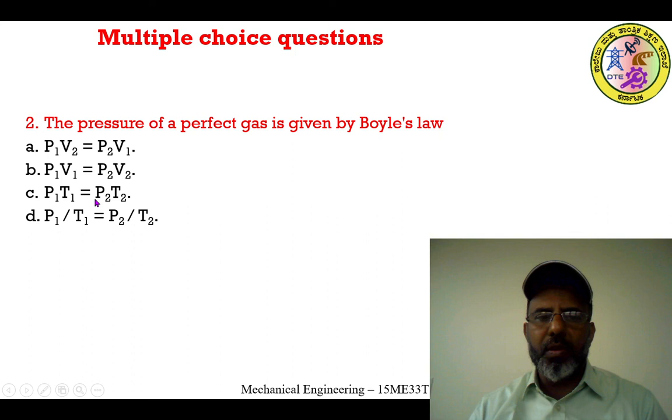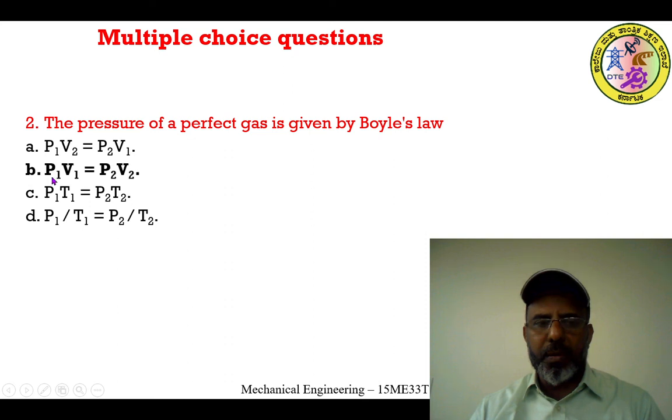The correct answer is B, P1 V1 equals P2 V2, where P1 is the initial pressure, V1 is the initial volume, P2 is the final pressure, V2 is the final volume. According to Boyle's law, the correct relation is P1 V1 equals P2 V2.